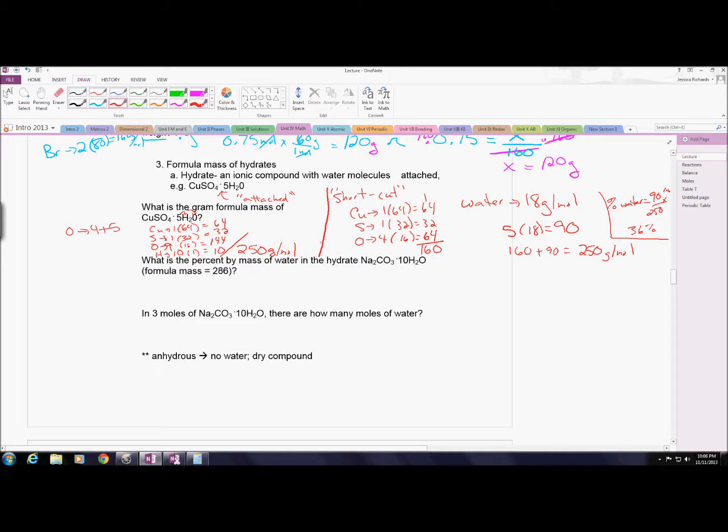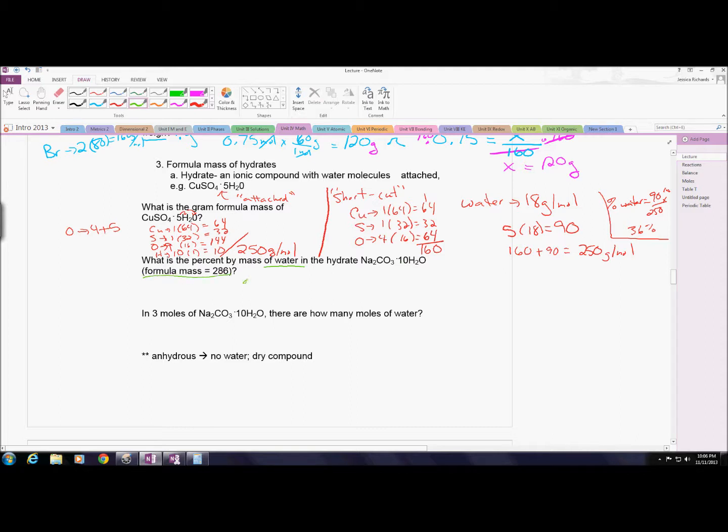So if we have, for example, a question like this: what is the percent by mass of water in the hydrate, sodium carbonate decahydrate, deca for 10. This is called pentahydrate. This is decahydrate. The prefixes tell you how much. They're telling us the total formula mass is 286.